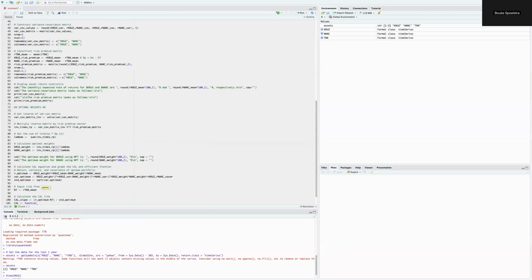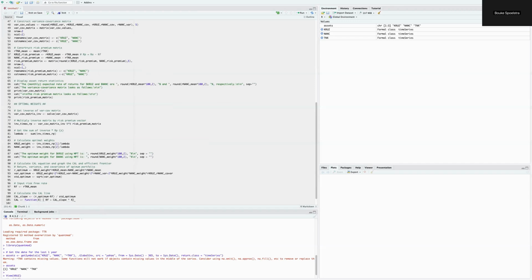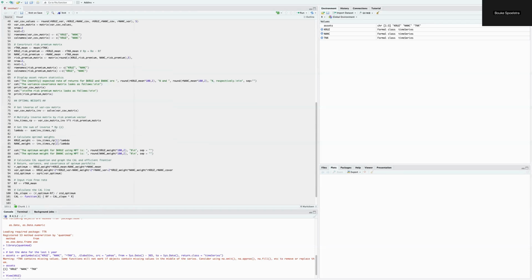So we'll set that to be a function of x, where the risk-free rate plus capital allocation line slope times x, that would be the formula. Set those in curly brackets after function of x. So now we have that function, so we can apply it later.